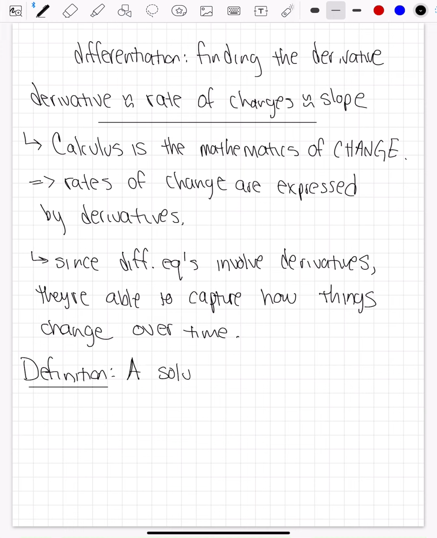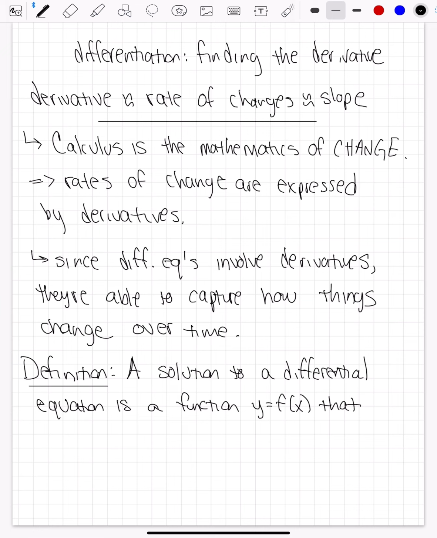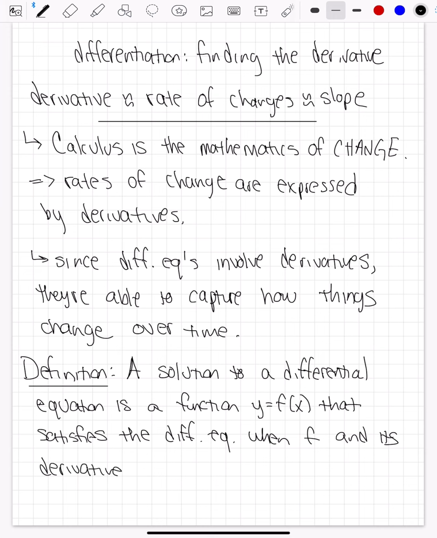So a solution to a differential equation is a function y equals f of x that satisfies the differential equation when you plug that function f and its derivatives into the differential equation.